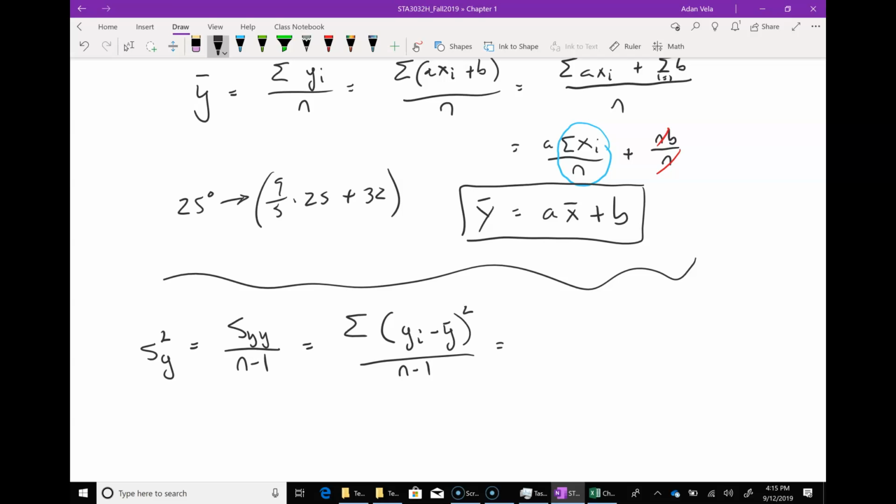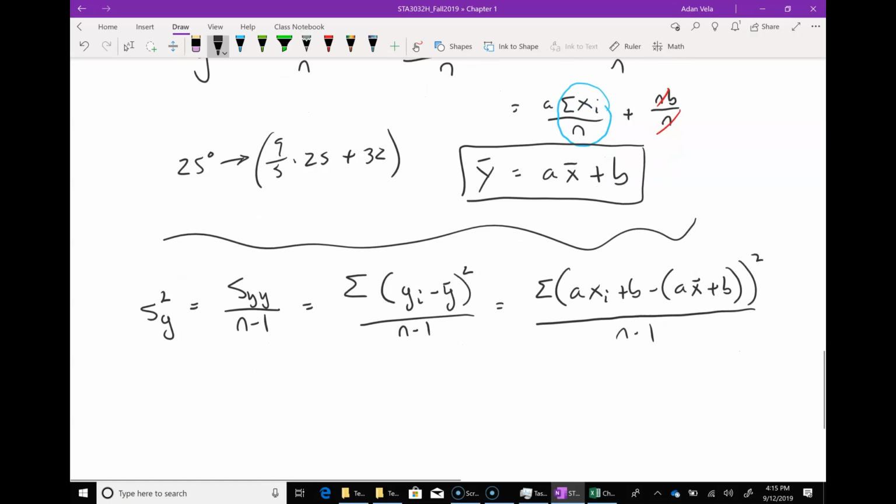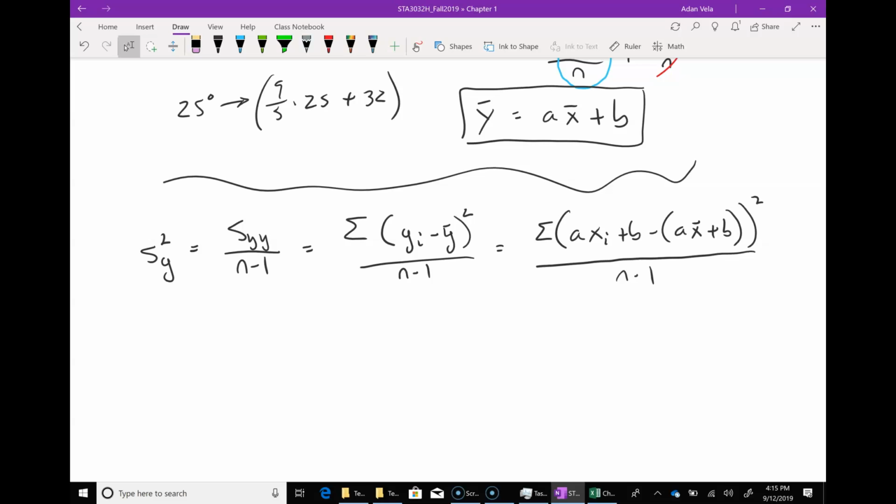And we can do the substitutions that we have before for both y bar and the yi's.